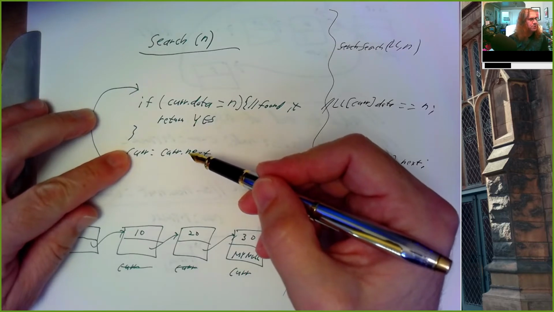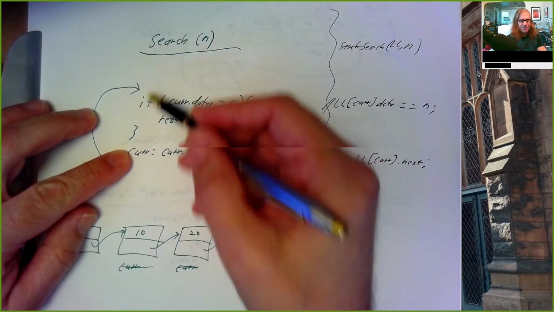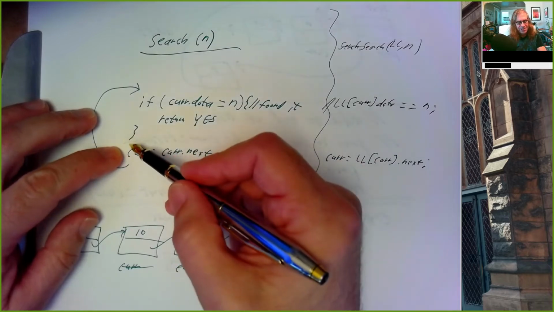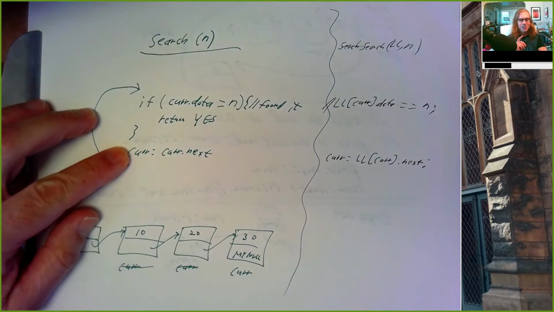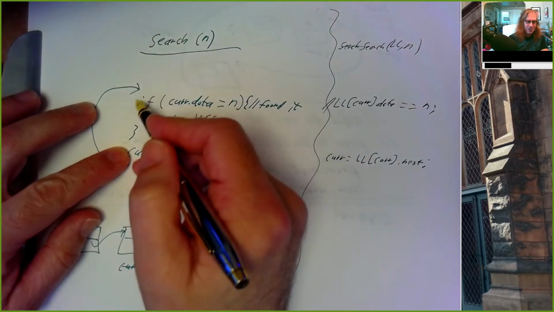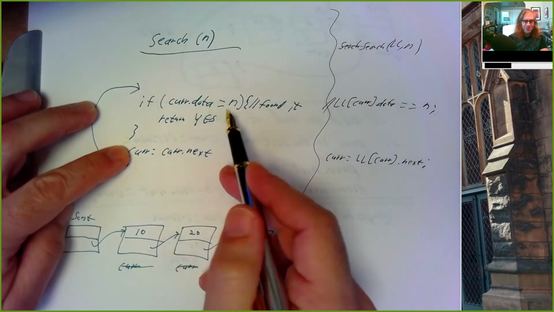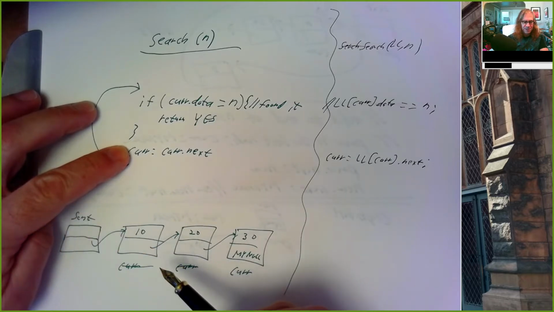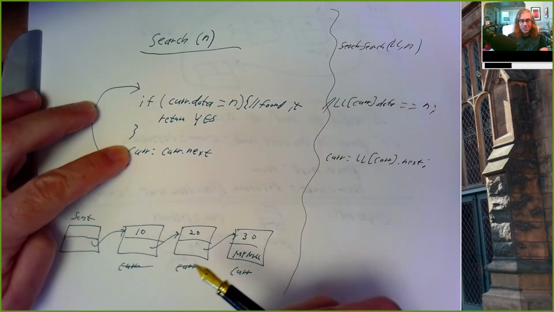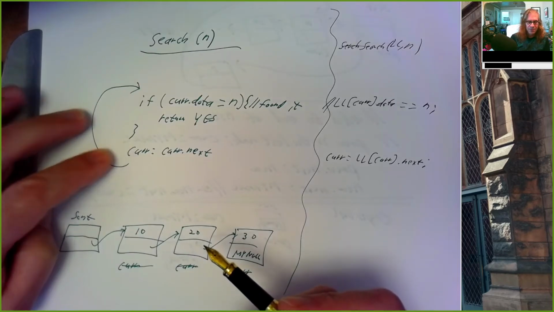But there's other ways we can do this. If I put this in an infinite loop and I put an exit condition right here, that may seem good, but if I put this in an infinite loop, this is always going to execute, which means it's going to look at the sentinel node's data potentially if our list is empty, right?